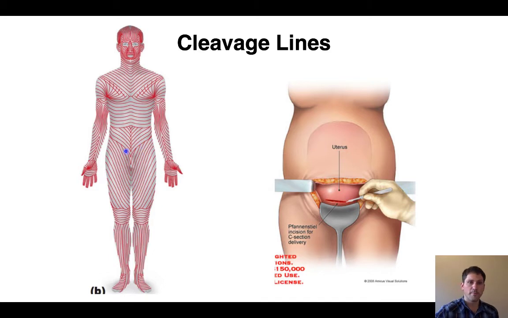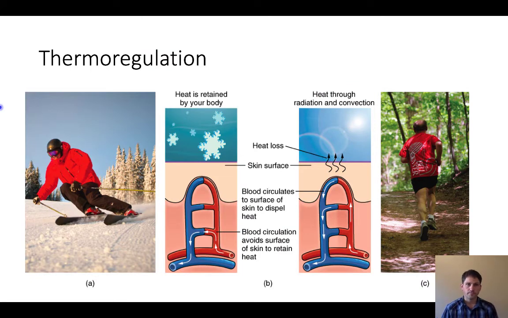So if you're cutting parallel with these cleavage lines, it's likely that you'll have a smaller scar or reduced scarring. If you go ahead and cut perpendicular to those, you're going to have more scarring. So plastic surgeons that are doing facelifts are really good at understanding the direction of those collagen fibers that are in there, so that they can do this microsurgery.